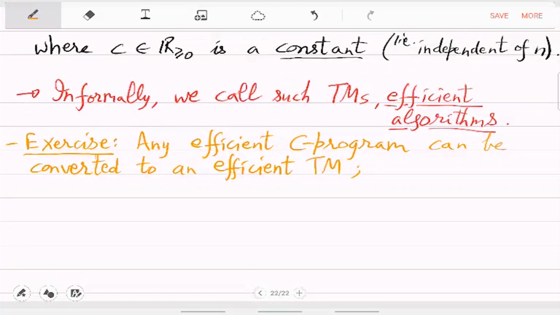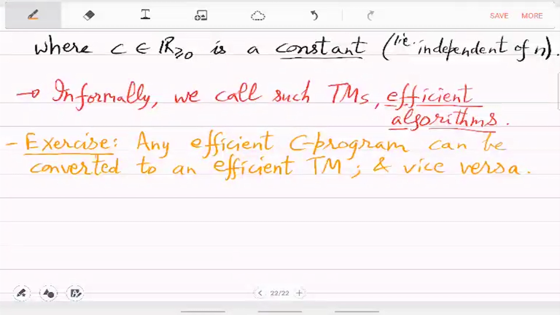And conversely, any efficient Turing machine or algorithm can be converted into an efficient C program. Okay, so just do this simple exercise just so that you understand the relationship between actual C programs and these abstract Turing machines or mathematical Turing machines.